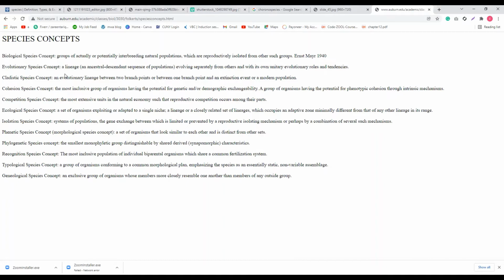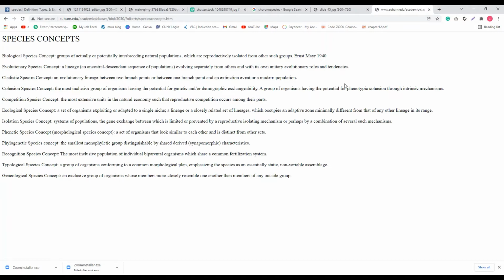Consider the example of a giraffe evolving over time, its neck elongating, with its own specific evolutionary roles and tendencies quite separate from the evolution of other lineages. You can consider the lineage of a dragonfly or Drosophila. So it is a lineage that shares a separate, unique evolutionary role.